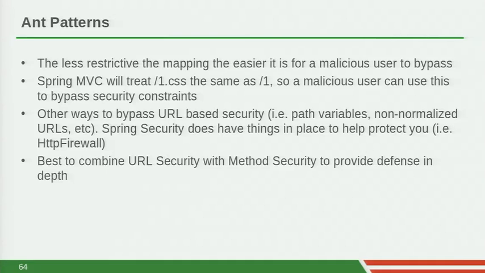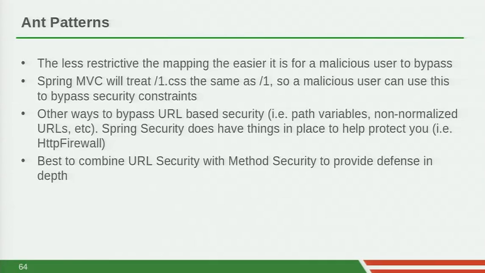So the moral here is the less restrictive our URL mappings are, the easier they are to bypass. So it's important to be careful how you're mapping your ANT patterns and to test them very thoroughly and to understand how your application maps to your URLs. And Spring MVC will treat the 1.css the same as 1 unless you otherwise configure it. So it's important to be aware of these things.